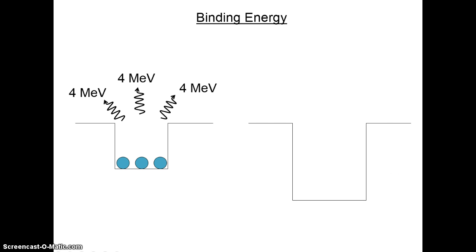But imagine we have a nucleus, which is made up not of 3, but of 4 protons and neutrons. When these form a nucleus, they fall into the well, but when we start with 4, they fall farther down into a deeper well. In other words, the depth of the well represents the amount of energy which is lost per nucleon.